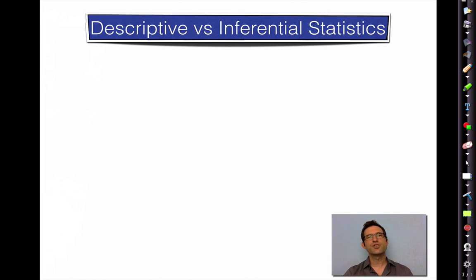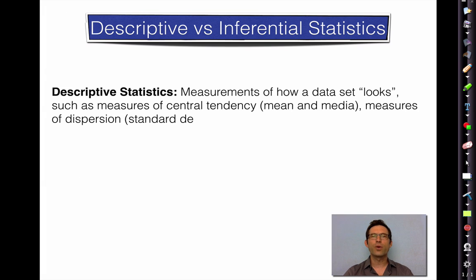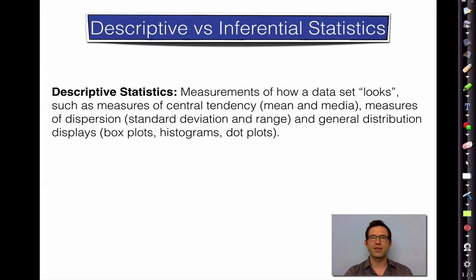All right, descriptive versus inferential statistics. The majority of the time that you've been working in statistics, you've worked in what's known as descriptive statistics. These are measurements simply of how a data set looks. Basically everything you've ever done, except for maybe a little bit of the work we've been doing lately, has been with descriptive statistics.